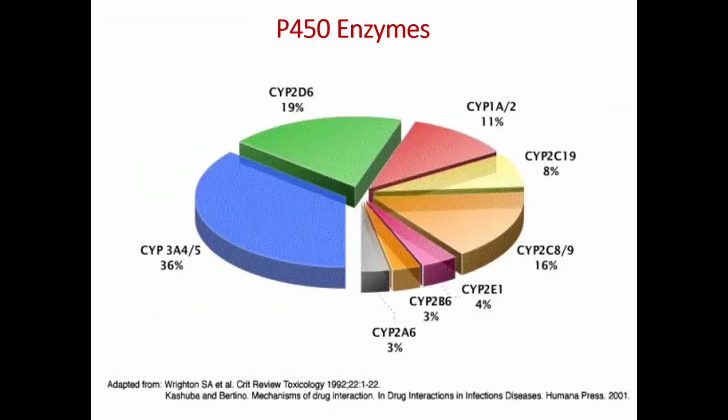These are the oxidative enzymes, P450. The most abundant one is the 3A4, followed by the 2D6, and then lots of others. You don't have to memorize all of them, but just for the sake of completion.